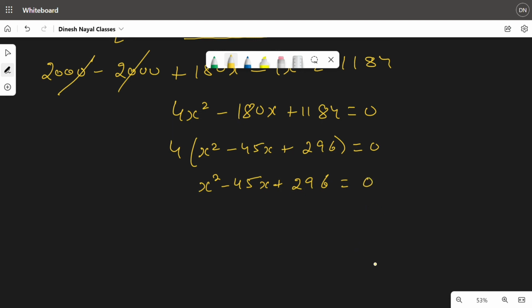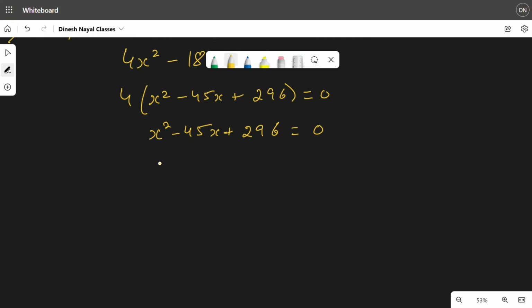You can do this by middle term splitting as well as by quadratic formula. You can use any of them. So I'm using the quadratic formula, comparing it with x square plus bx plus c equals 0. So we have a equals 1, b is minus 45, and c is 296.